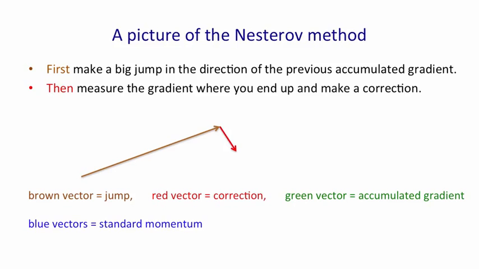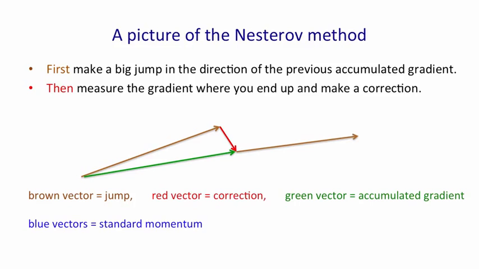We then combine that little correction step with the big jump we made to get our new accumulated gradient. We then take that accumulated gradient, we attenuate it by some number, like 0.9 or 0.99, we multiply it by that number, and we now take our next big jump in the direction of that accumulated gradient, like that.